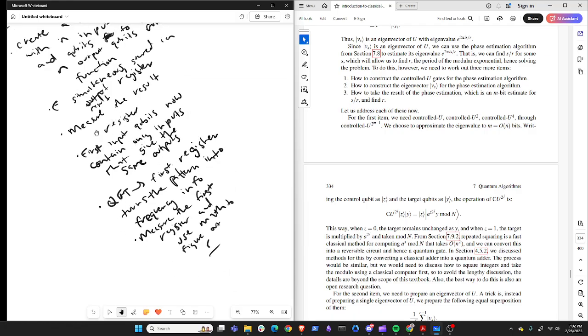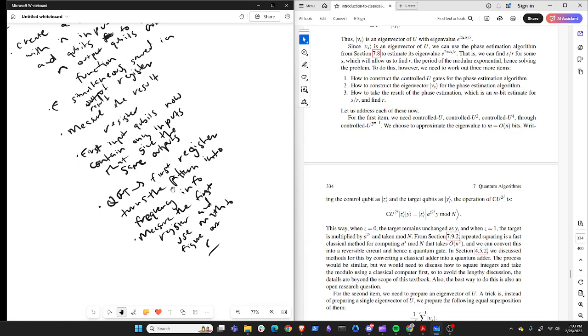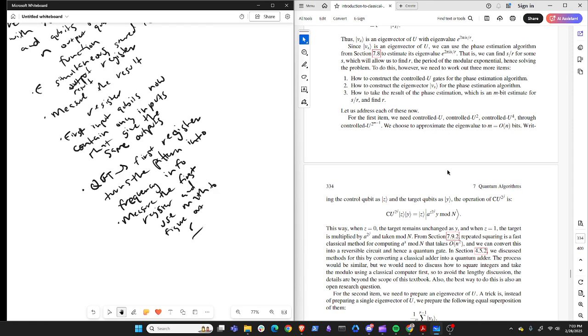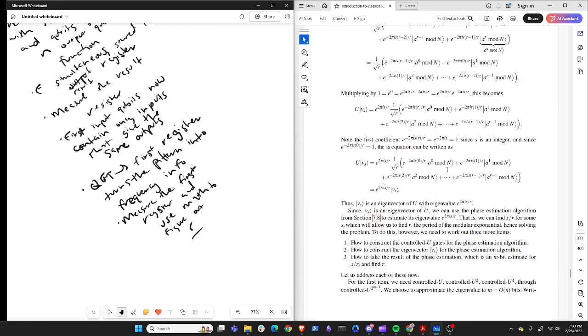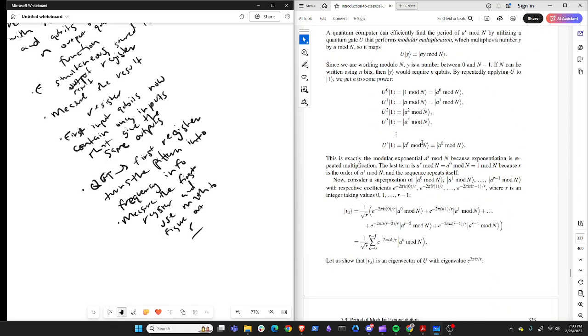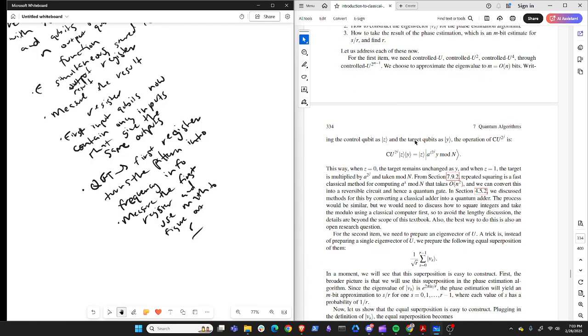The result register is measured, which causes the input qubits in the input register to collapse from their superposition to only inputs that have the same outputs. Then we run a QFT to turn it into frequency information, and then we measure the first register, and there's definitely some math in here to solve it. So yeah, that's the high level.